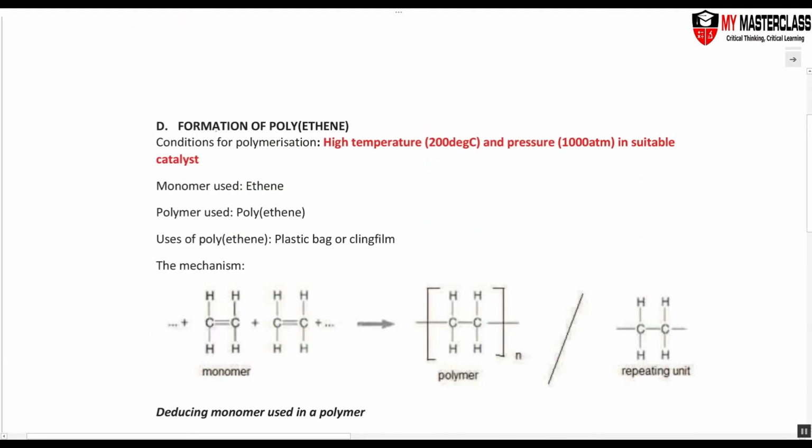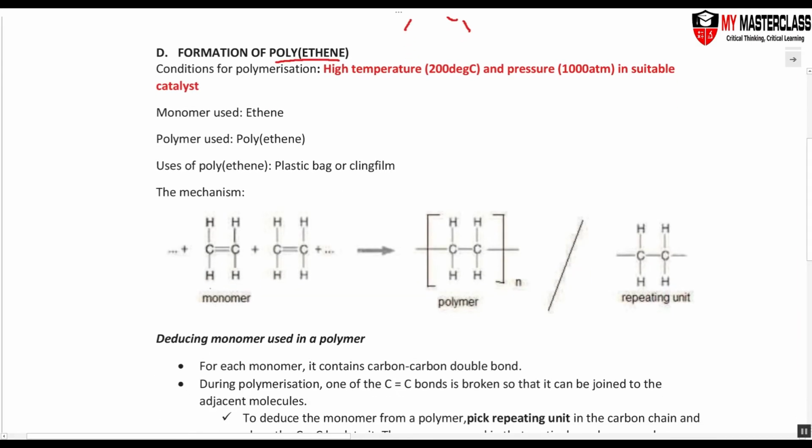Okay, so let's look at the different polymers that we are going to look at. The first one is your polyethene. So ethene has a double bond. You have a lot of monomers here, your ethene, and then this one will open out on either side. When you draw your polymer, you write a bracket with the bonds open, and n represents n times of it.